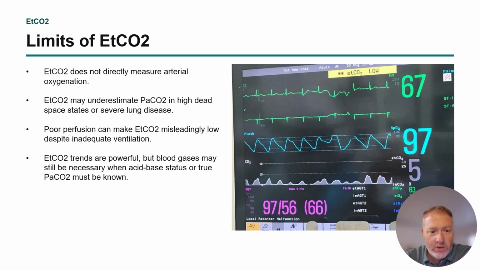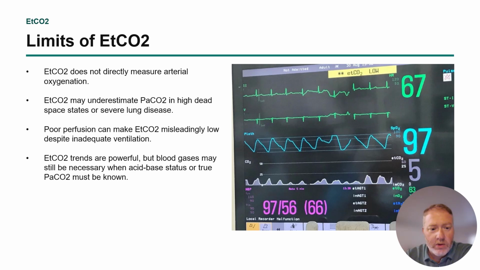So the end tidal might underestimate the actual PaCO2 in high dead space states and in severe lung disease. So if you've got a bad COPDer on an end tidal monitor, it may or may not even be close to what their actual PaCO2 is if they're a retainer.